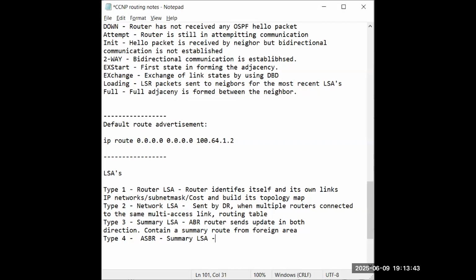It is the instructions to reach ASBRs, and this ASBR summary LSA is sent by the ABR router when the ASBR is in a foreign area.